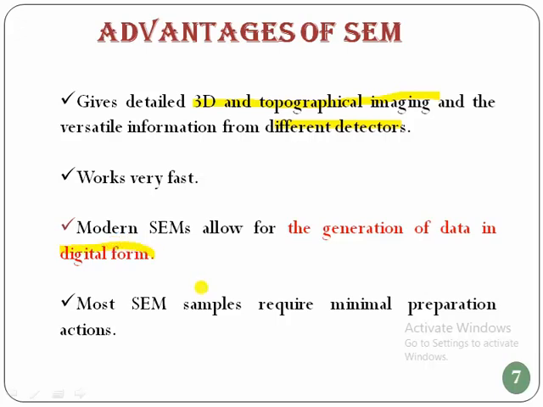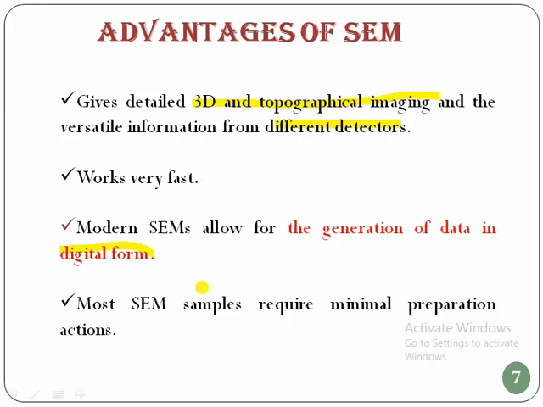Means if you have observed my first slide, there is a picture of a scanning electron microscope. So digital means it's attached with a computer. So whatever electrons you are applying, whatever current you are applying to the material, you will get a 3D image in the computer of that particular material.